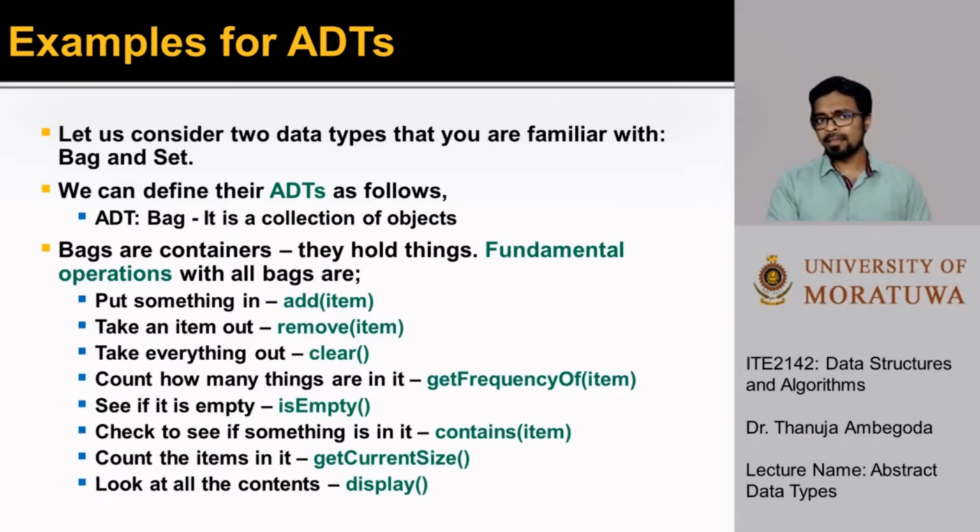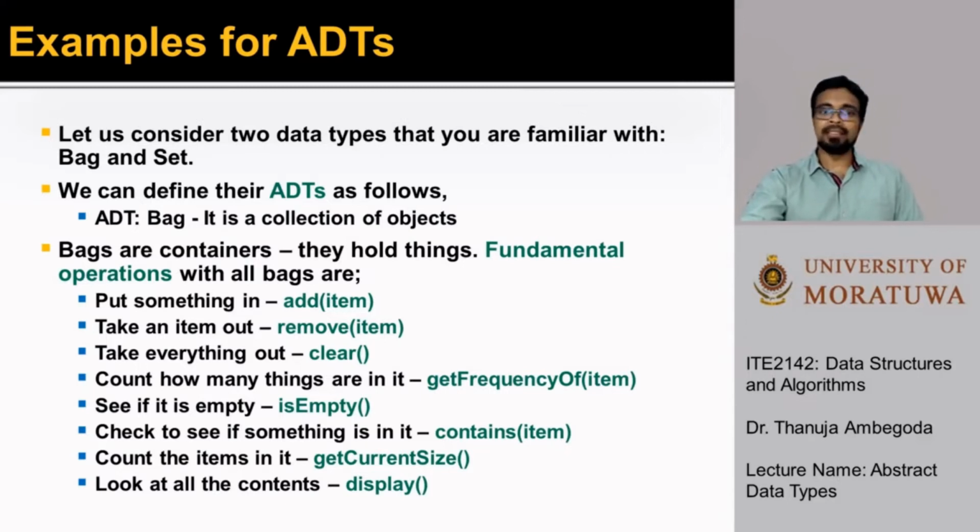A bag can be defined as a collection of objects. So bags are containers that can hold objects or things. The fundamental operations of all bags are given here in this list.